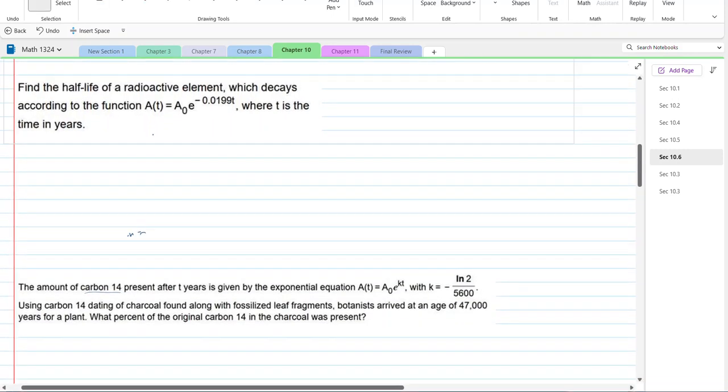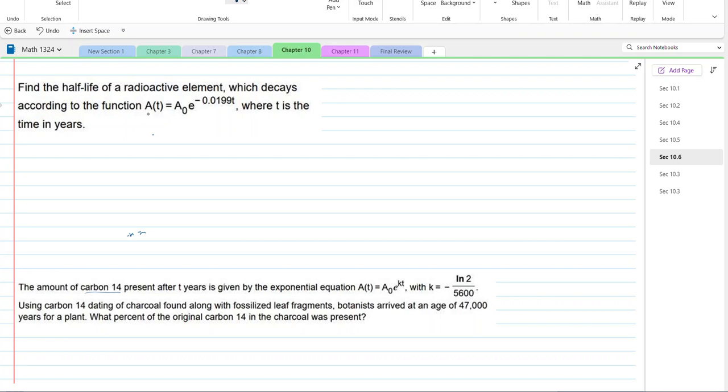All right, now let's get to some problems. If the half-life of a radioactive element, which decays according to the function A of t equals A sub 0 e to the negative 0.0199 t, where t is time in years. All right, so we want the half-life.